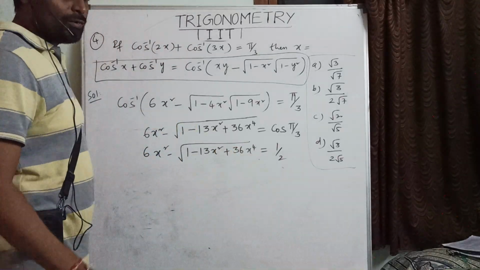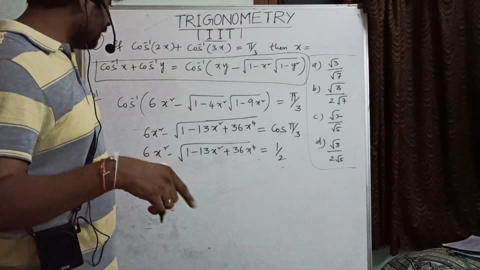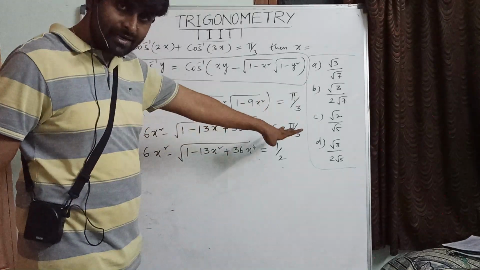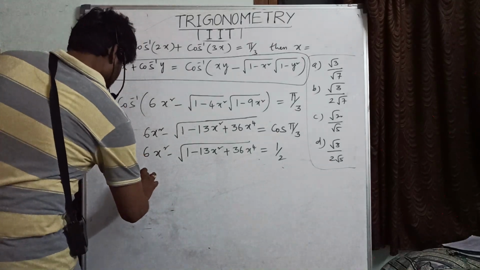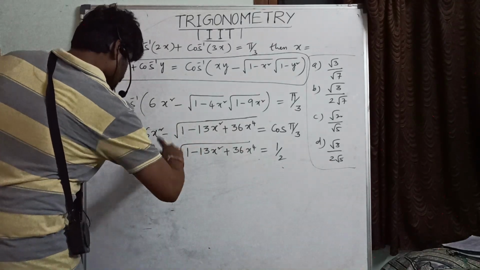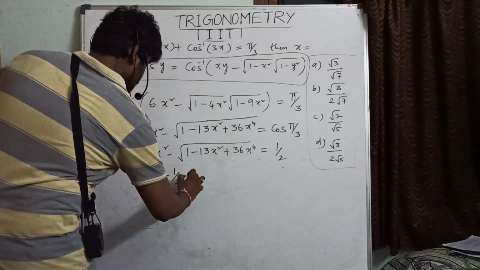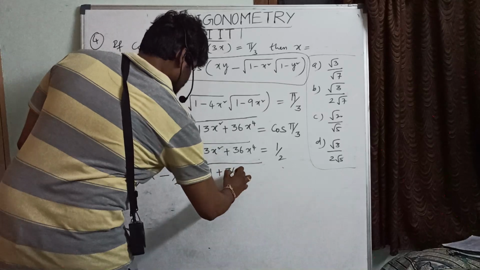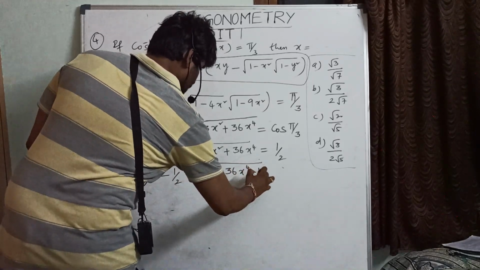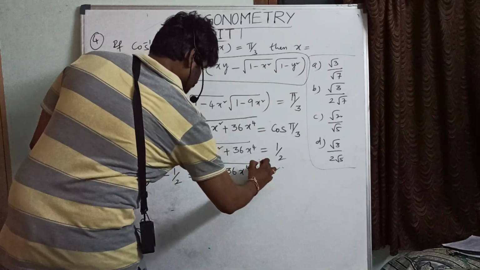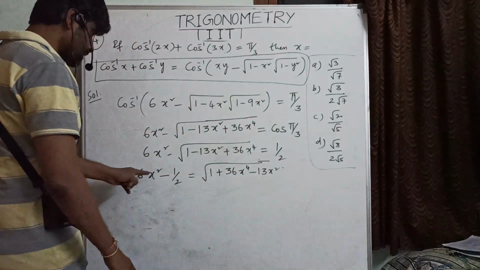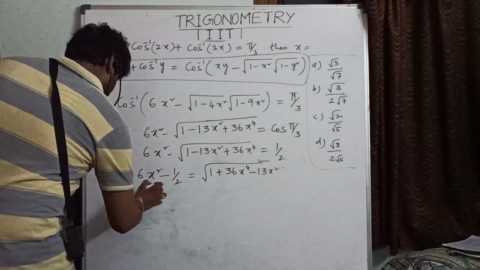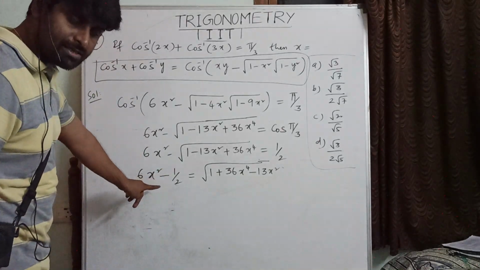Now, let us take squaring on both sides. But before squaring on both sides, let us write the root term separately. So now 6x square minus 1 by 2 equals root of 1 plus 36x power 4 minus 13x square. Correct? Now squaring on both sides. Here a minus b whole square means a square plus b square minus 2ab.